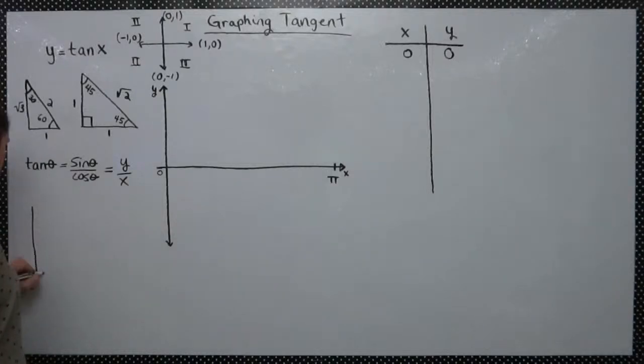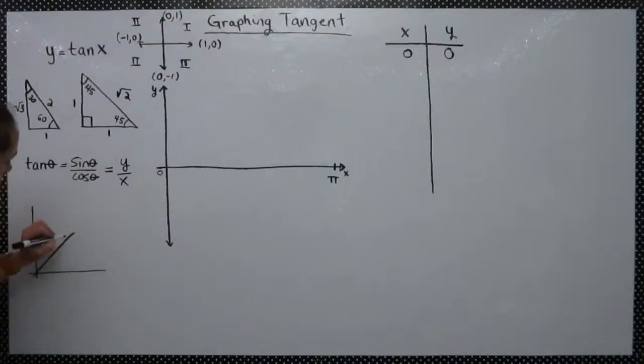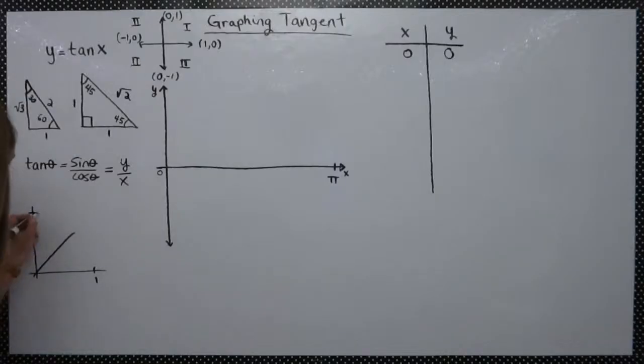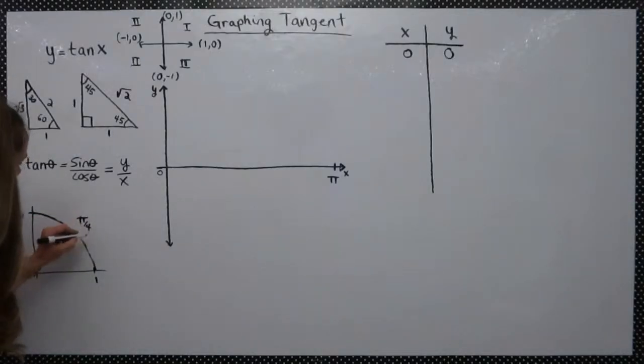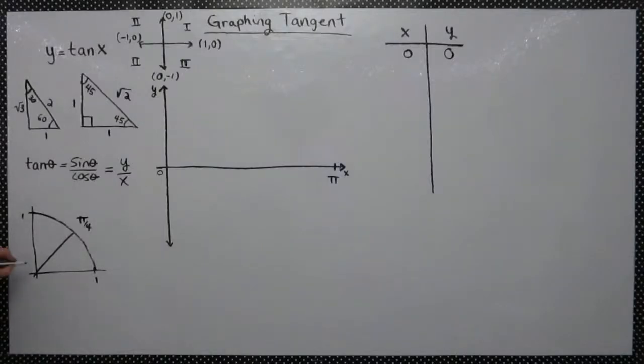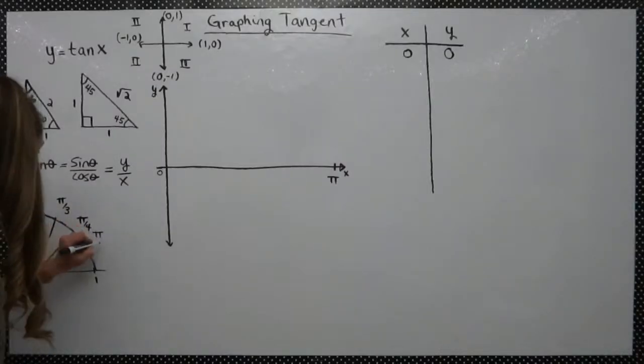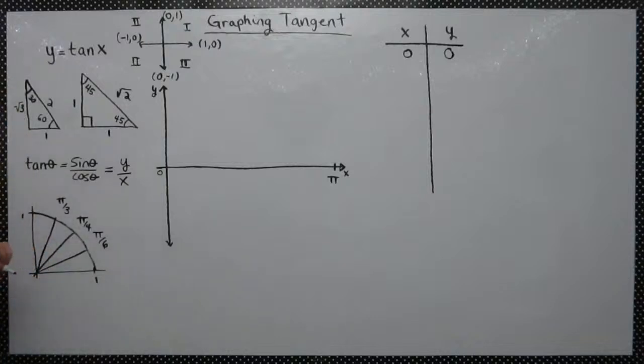So we're going to need quadrant 1 just for a moment. So I've got the 45. So this is that 1 and 1. And you have the unit circle, and you have that pi over 4, right? Well, we also have pi over 3, and then I think 30 degrees was pi over 6. And so that's how we're going to partition it.